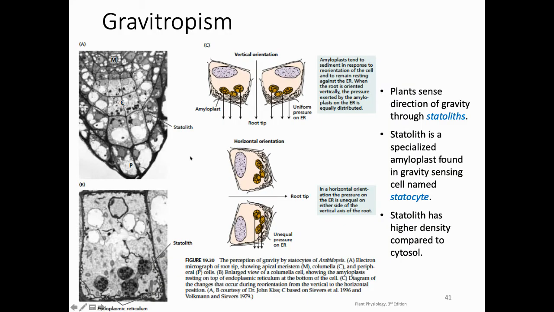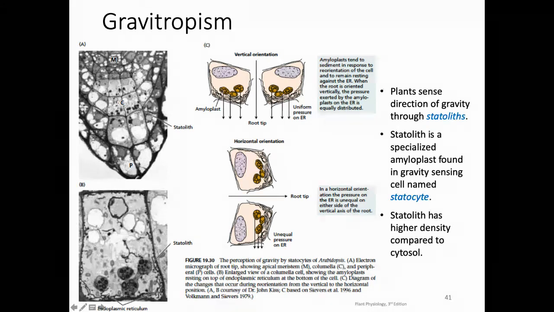Here is how it works. At the root tip, the plant has cells called statocytes containing starch molecules. We call the starch molecules statoliths, which are actually enclosed in an organelle called amyloplast. It's a cousin of chloroplast, but it cannot do photosynthesis, but it can accumulate starch grains.